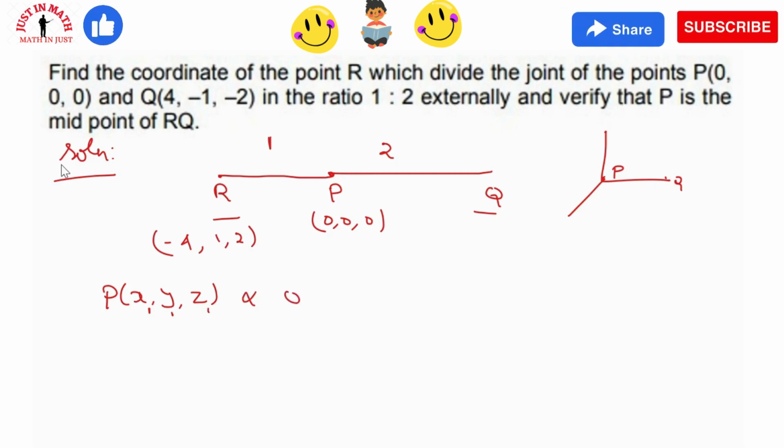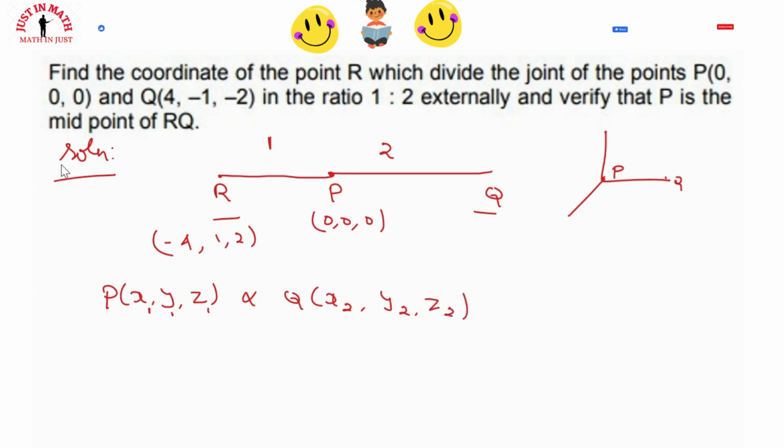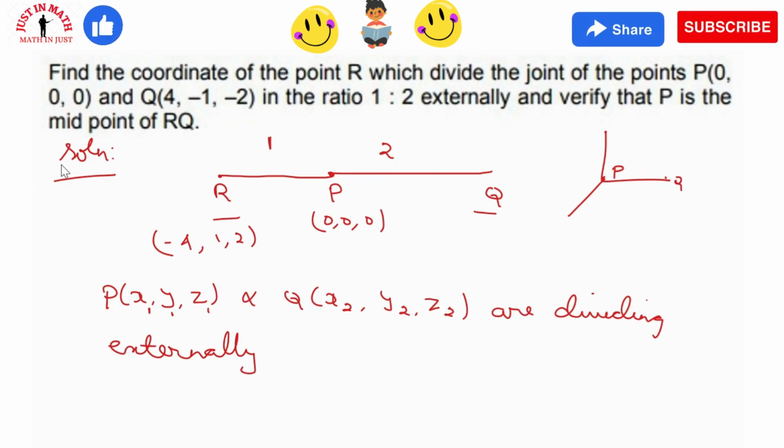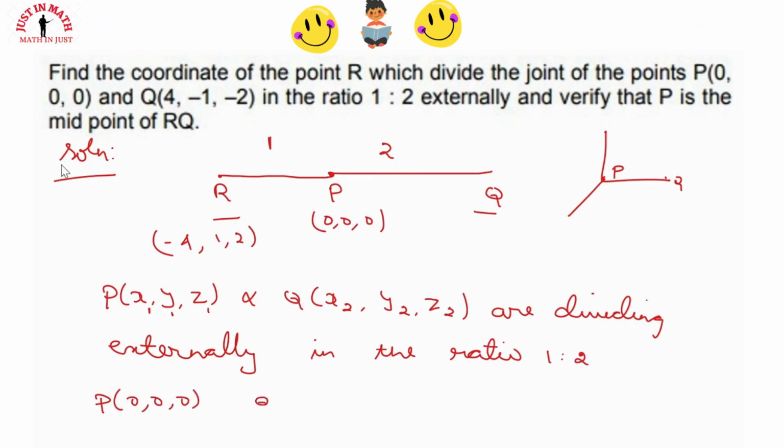So P of x1, y1, z1, and Q of x2, y2, z2, dividing externally in the ratio of 1:2.